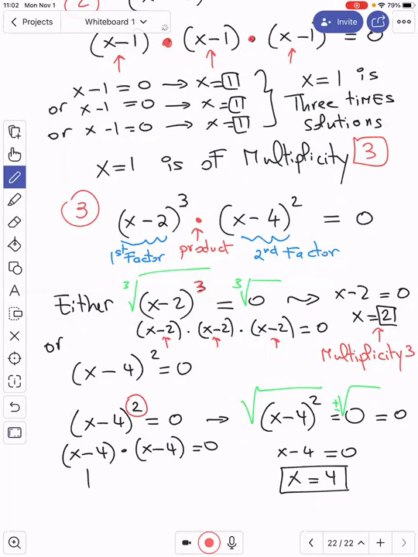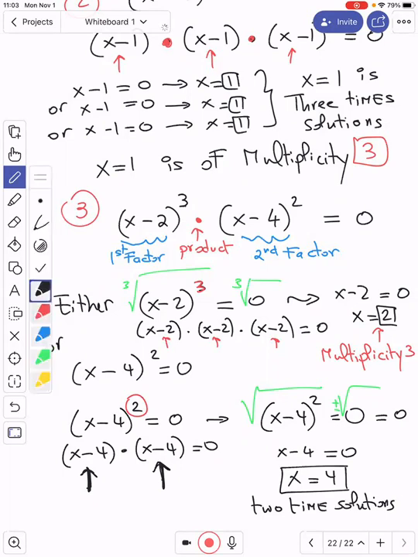In theory, either the first x minus 4 is 0 or the second x minus 4 is 0, but they give the same solution, x equal to 4. So it's a 2 times solution, just because the exponent is 2.